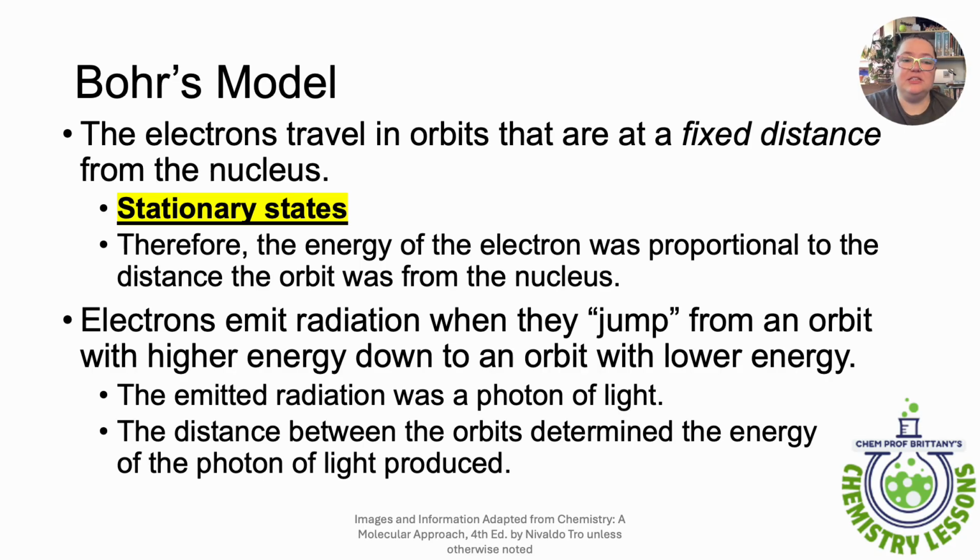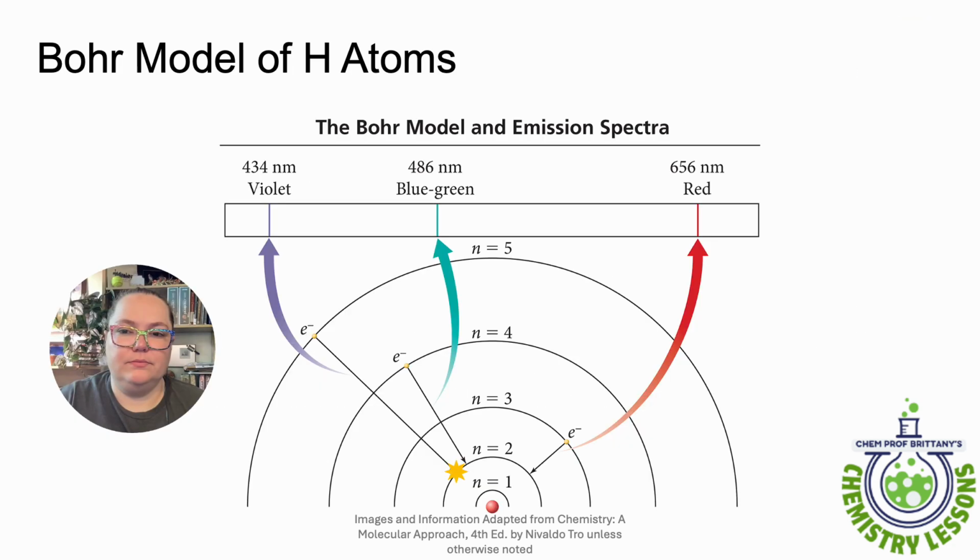So the distance between the orbits determines the amount of energy of the photon of light that was produced. Here we have a hydrogen atom. As you can see down here, we've got our little electron in the n equals 2 principal energy level.